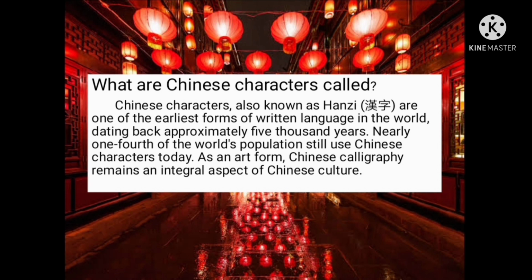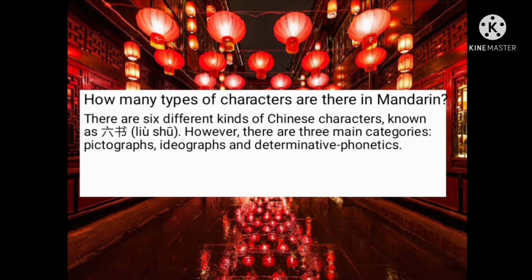As an art form, Chinese calligraphy remains an integral aspect of Chinese culture. How many types of characters are there in Mandarin? There are six different kinds of Chinese characters known as Liu Shu. However, there are three main categories: pictographs, ideographs, and determinative phonetics.